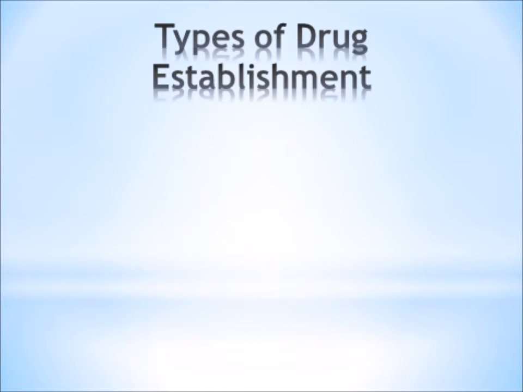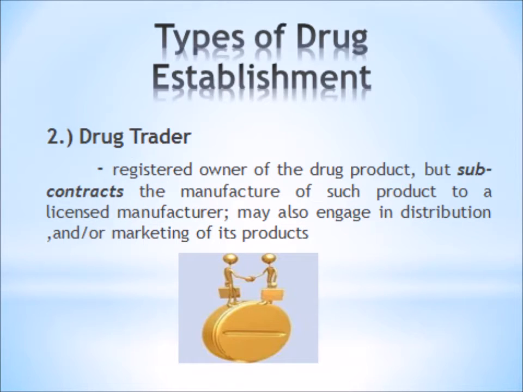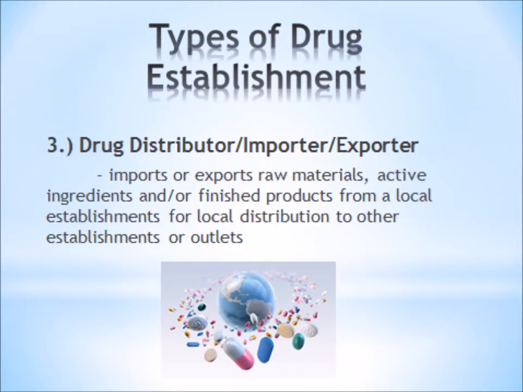Types of drug establishments. Drug manufacturer, engage in operations involved in the production of a drug. Drug trader, registered owner of the drug product but subcontracts the manufacture of such product to a licensed manufacturer, may also engage in distribution and/or marketing of its products.